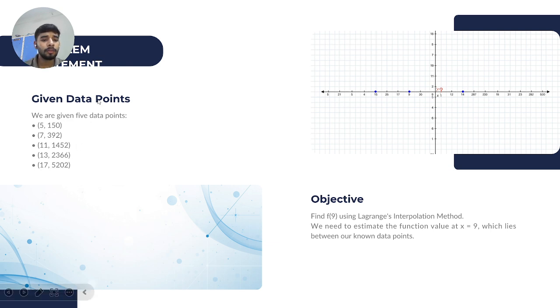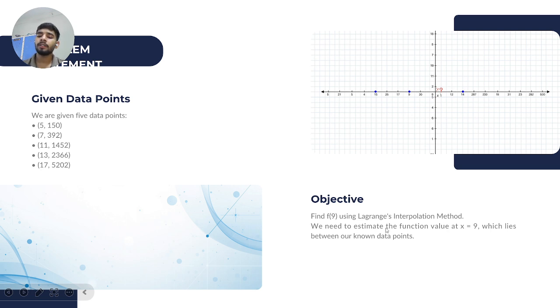Now, the problem given to us: we are given five data points and the values of their function, as you have seen here. The objective is to find the value of the function at data point 9 using Lagrange's method.